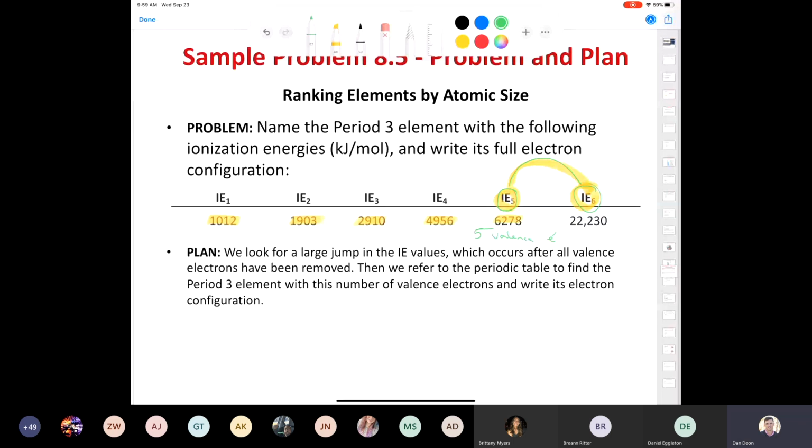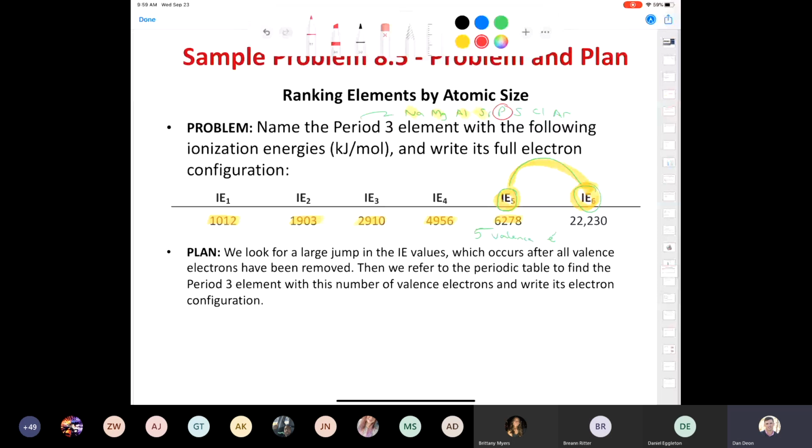Right, so period 3, what are the elements in period 3? Period 3 has sodium, magnesium, aluminum, silicon, phosphorus, sulfur, chlorine, and argon. Look, we have 1, 2, 3, 4, 5. So it must be phosphorus. All right, phosphorus has 5 valence electrons.